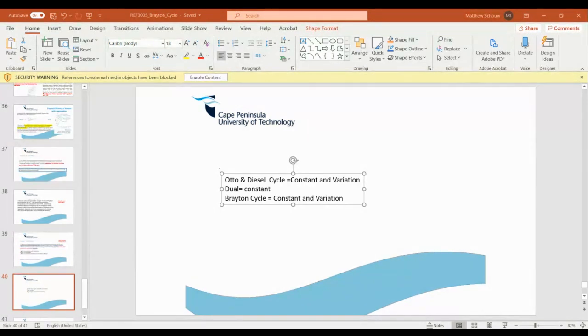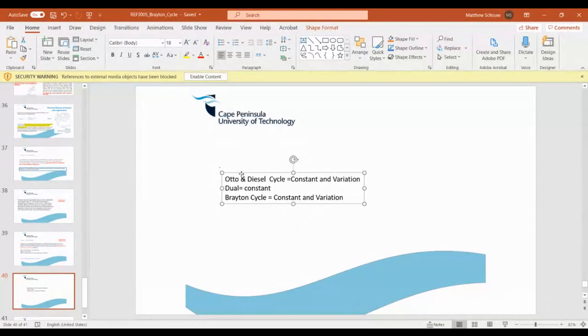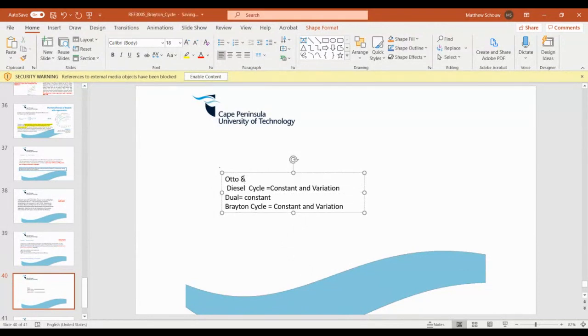What I'm saying is, to be specific, for this assessment, you'll get the Otto, but you either get a Diesel or Dual, because this is essentially the same thing. So it'll be 3 cycles. It won't be 4 cycles. It'll be 3 cycles.